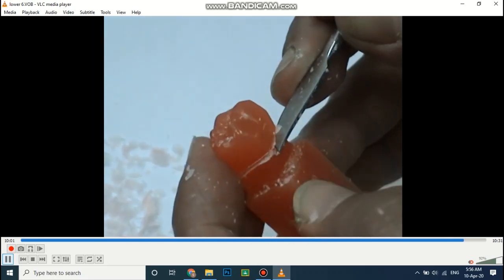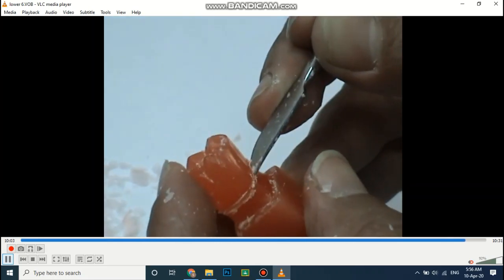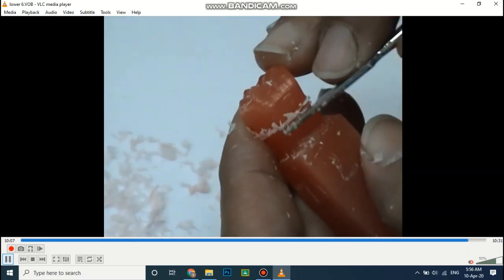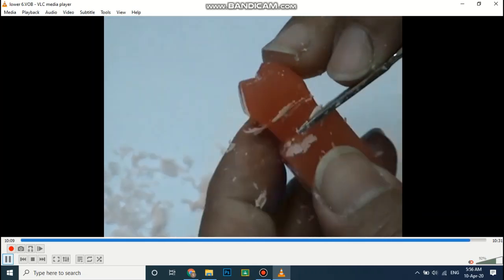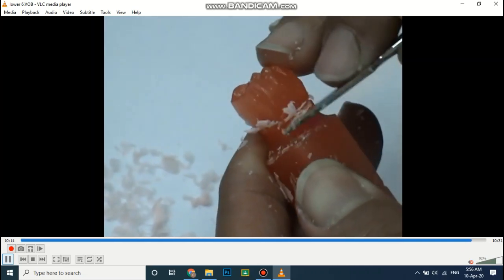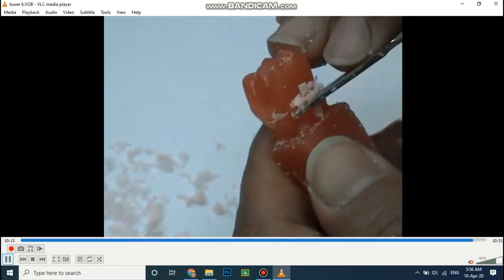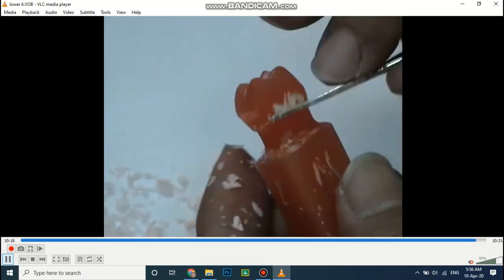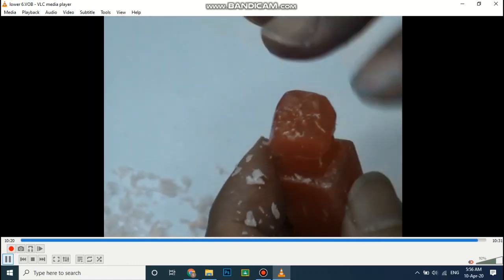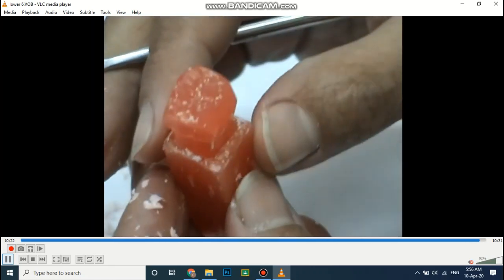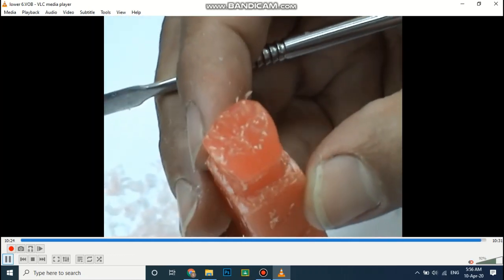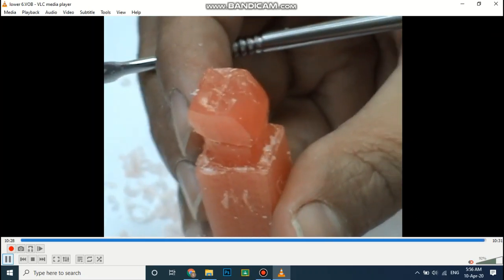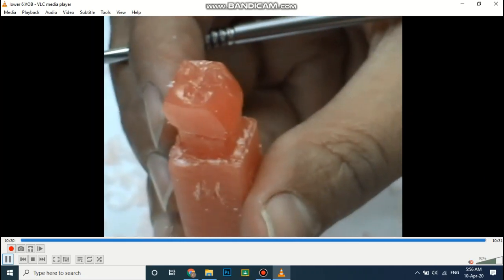Accentuate this cervical line 2 or 3 times, then reduce the wax from the root toward this line, which will create a properly curved cervical line. Remove any extra wax, and round the whole line angles. By this way we got lower 6 with a hexagonal occlusal outline.